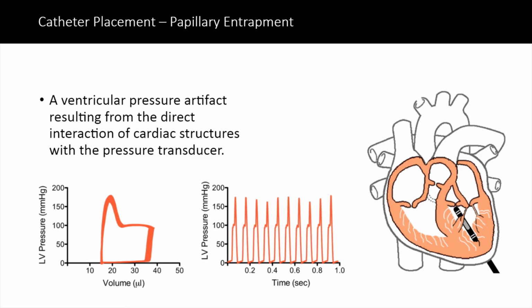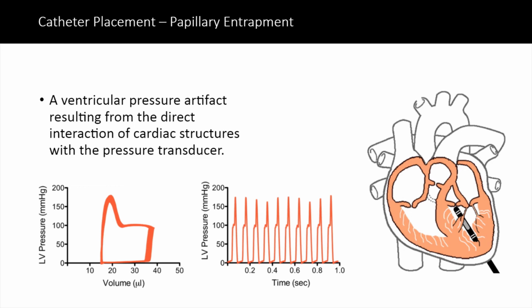But sometimes you'll end up with a situation where you have to go back and identify what your real systolic pressure is. If you were to measure your systolic pressure in the aorta, for example, in this plot on the left here, you'd see that the aortic pressure would be somewhere around 100. And so that's your real systolic pressure.